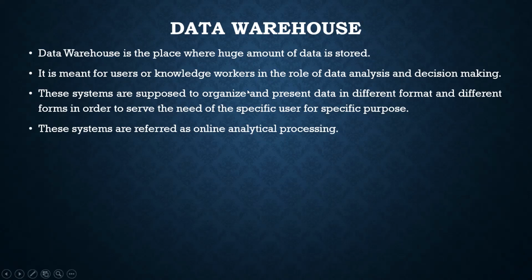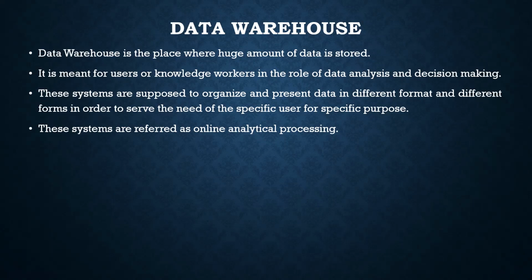It is meant for the users or knowledge workers in the role of data analysis and decision making. The basic use here is not online transaction processing, but data analysis and decision making. That's why this system is normally referred to as online analytical processing.